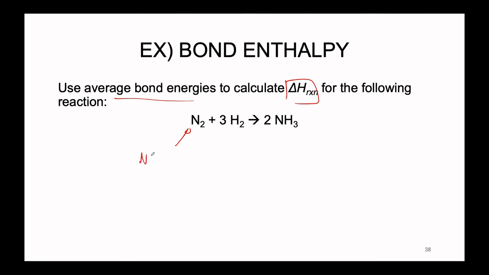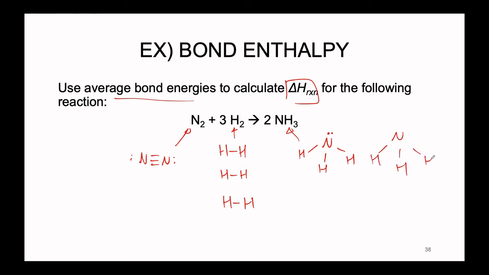N2 has a triple bond between the two nitrogens, with a lone pair on either side. Each of these H2s is held together by one single bond between the hydrogens. And our ammonias each contain a nitrogen bonded to each of these hydrogens with a lone pair on the nitrogen, and of course we have two of them.